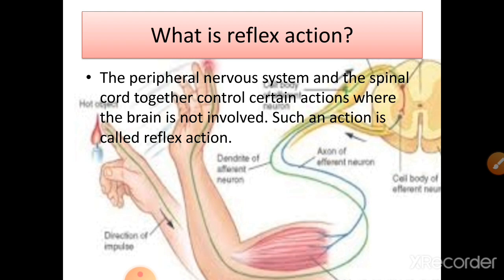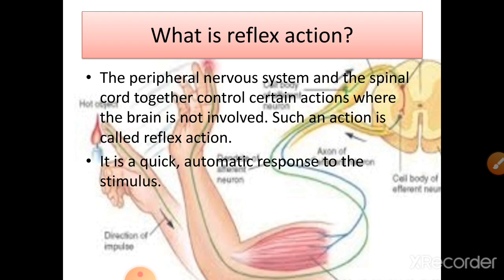You don't have to think for that. It happens automatically, and such an action is known as reflex action. What is involved? Your spinal cord and the peripheral nervous system. It is a quick automatic response to the stimulus.